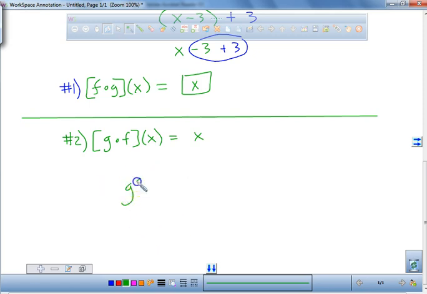So what is g of x just by itself? G of x just by itself is equal to what? X minus 3, all of this. So now we're going to take, what is g of f of x?